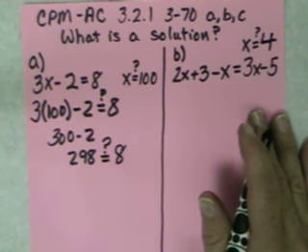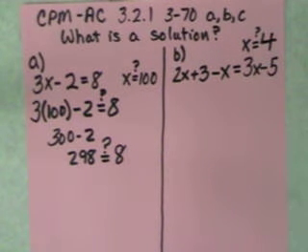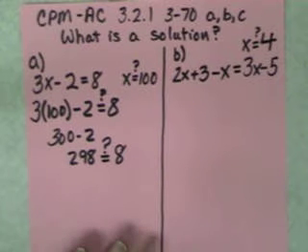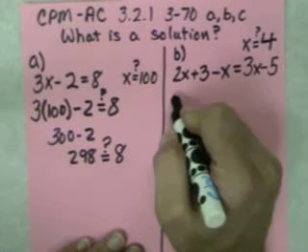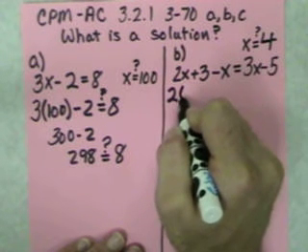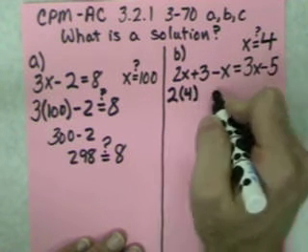It tells us that Edwin solved the equation 2x plus 3 minus x equals 3x minus 5 and got the solution x equals 4. Is he correct, and how do we know? So let's do the same thing we did before. Let's plug in the value that he thinks x should be.